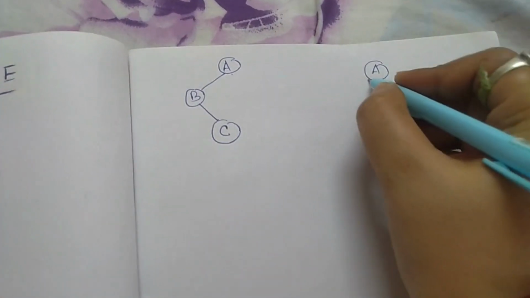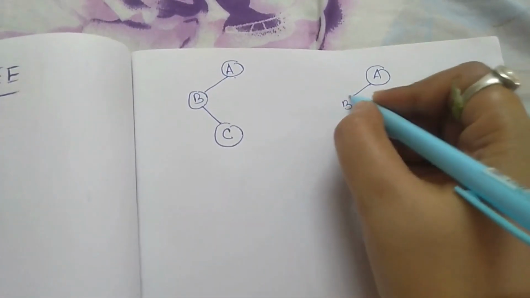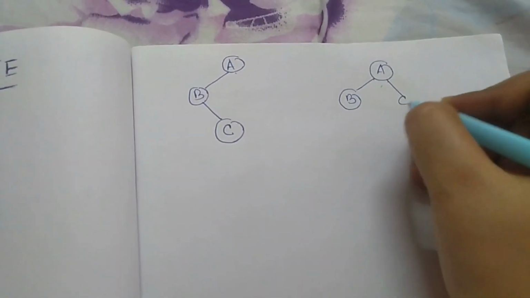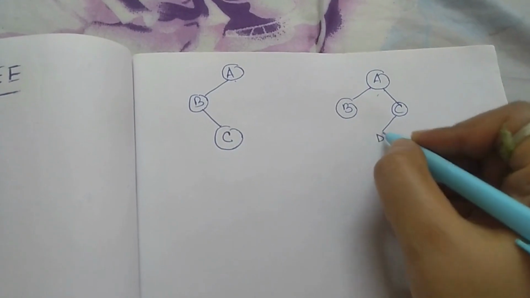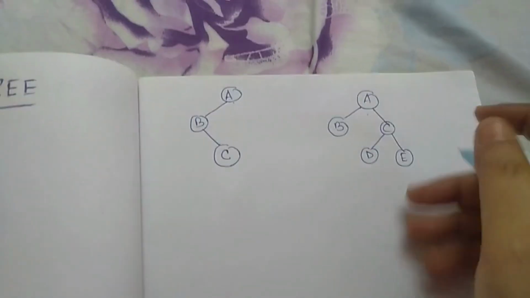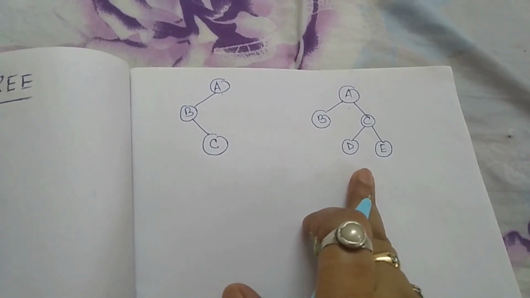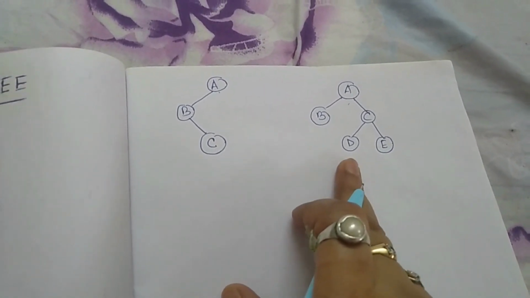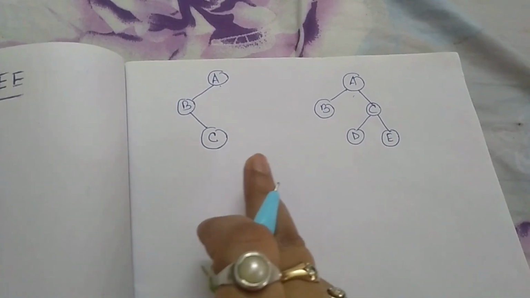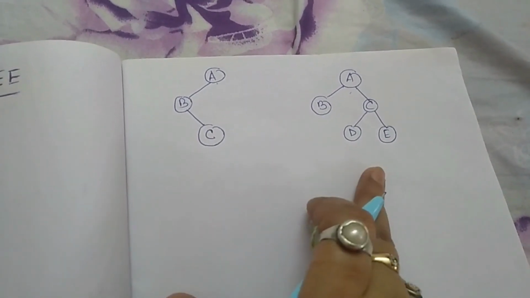here we draw another tree. Here the maximum degree of node C is 2. That means all of the 3 trees are denoted as binary trees.